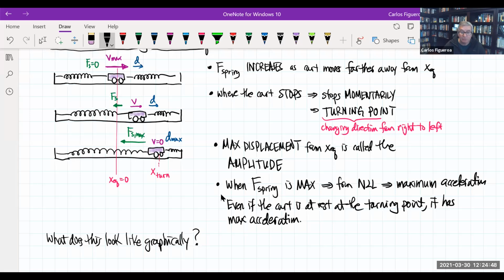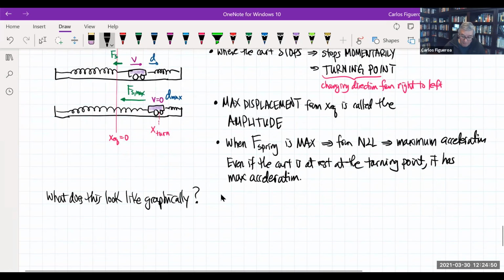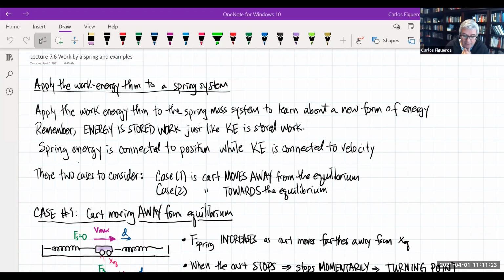Because that's what we're interested in. We want to calculate the work, right? And the reason we're asking this is that we know the work is the area under the curve. That's what we're interested in, because that's how we calculate the change in kinetic energy. We're applying the work energy theorem to the spring system now.